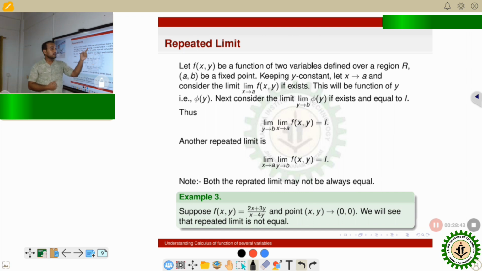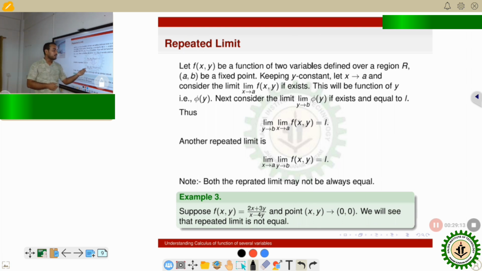So L is the repeated limit of the function, but in the repeated limit sense, first we approach the function for x tends to a keeping y constant, and that will be a function of y only, and later we approach through y tends to b of that function, that is 5y, which will be the required output L. So this is the repeated limit. Another way, if someone approaches first with x constant and y tending to b, that will be a function of x only.